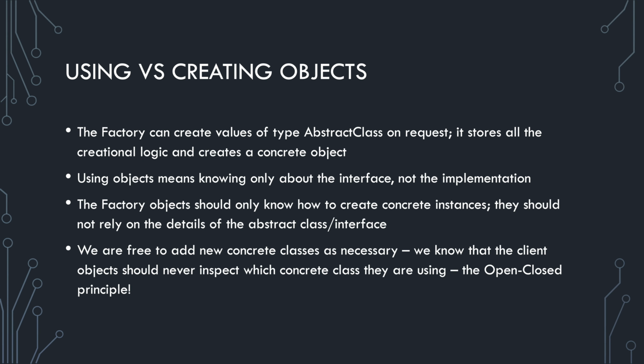The factory creates objects on request, and the class that uses these objects, the context, knows only about the interface and not the implementation. And the other way around, factories should only be concerned with creating the objects and not rely on any details or other methods of the abstract class, since that is the domain of the context that uses the objects.